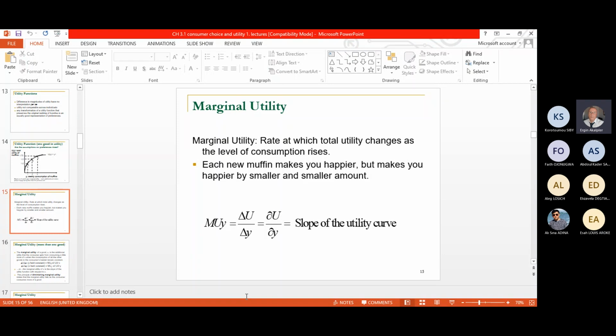Delta u over delta y also represents the slope, because two different points of any curve will give you the slope, and this slope will give you the marginal utility for this given example. This is the utility function and marginal utility formula.